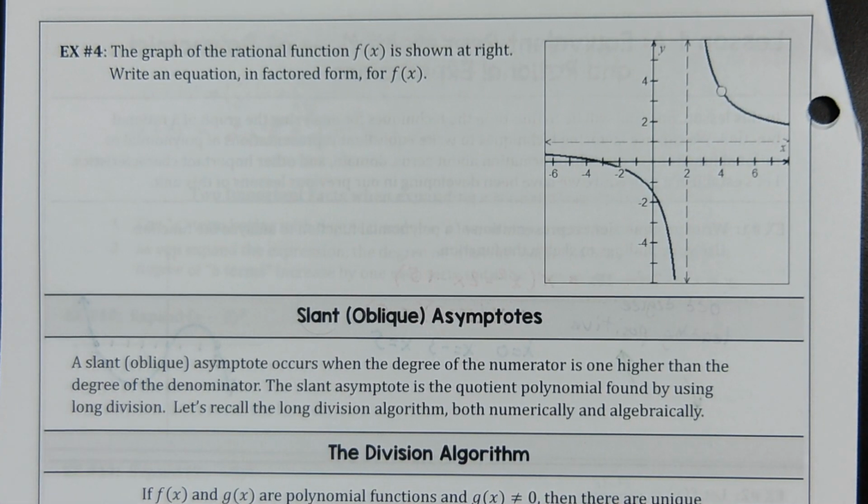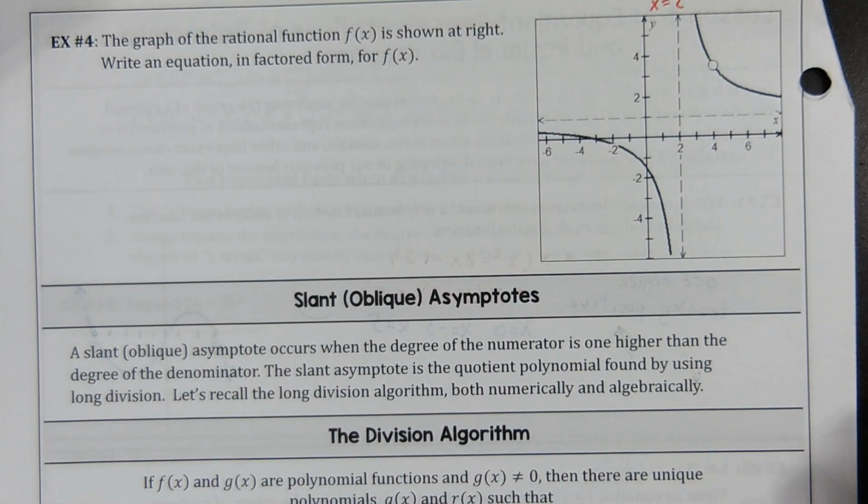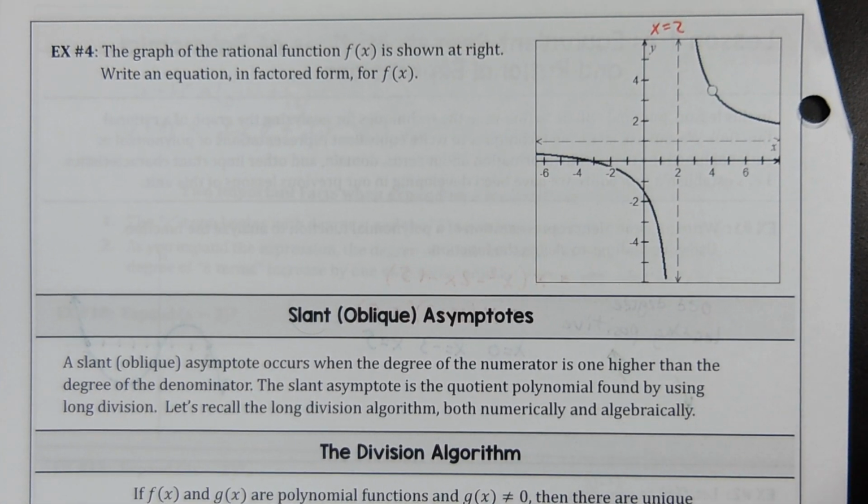If you can graph a rational function from an equation, you should be able to get an equation from a graph just by looking at the things that you have here. Let me tell you what I see. I see a vertical asymptote at x equals 2. Remember what a vertical asymptote is. A vertical asymptote is a zero of the denominator in its simplified form.